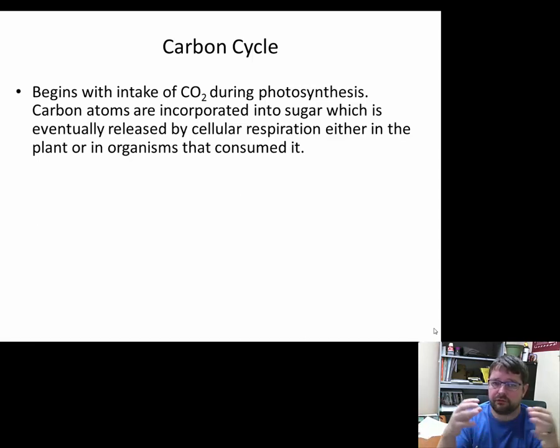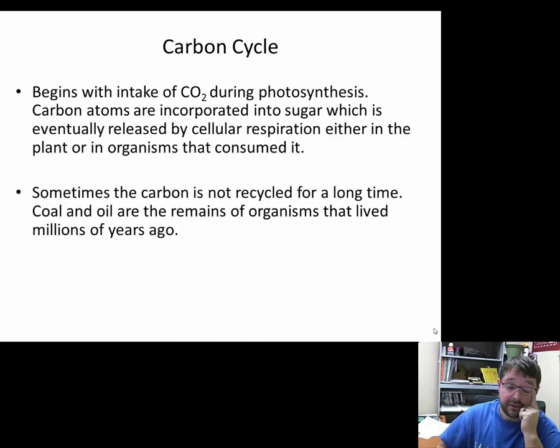Carbon dioxide is combined with water molecules and photons from the sun. That energy is used to make sugar molecules or carbohydrates. And then when that is consumed, it can be released through cellular respiration as carbon dioxide again.